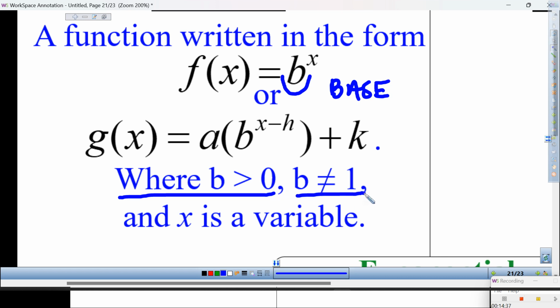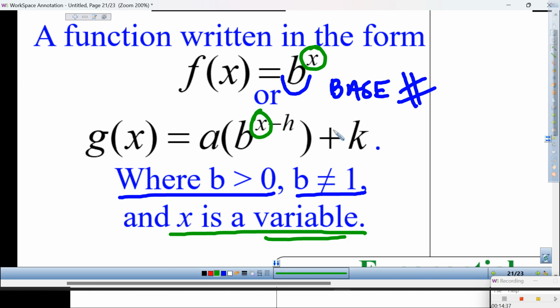So what are they implying here? That the base has to be a number. The base has to be a what? A number. Okay. What else do they say? X is a variable. So what are they implying? That the x has to be a variable.